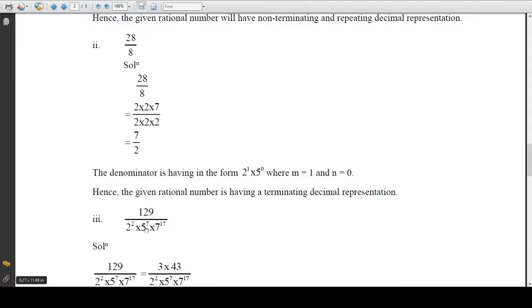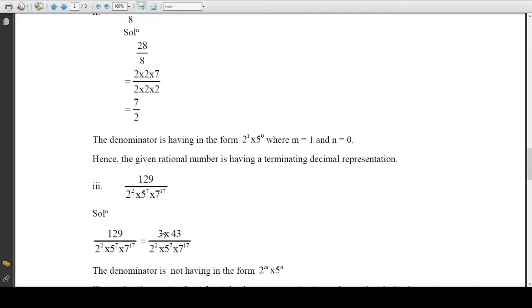Now factorizing 129 gives 3 × 43. There is no factor which we can cancel here. Therefore, just look at this denominator. The denominator should have only 2^m × 5^n, but 7 is also here, isn't it? That means this denominator is not in the form of 2^m × 5^n.